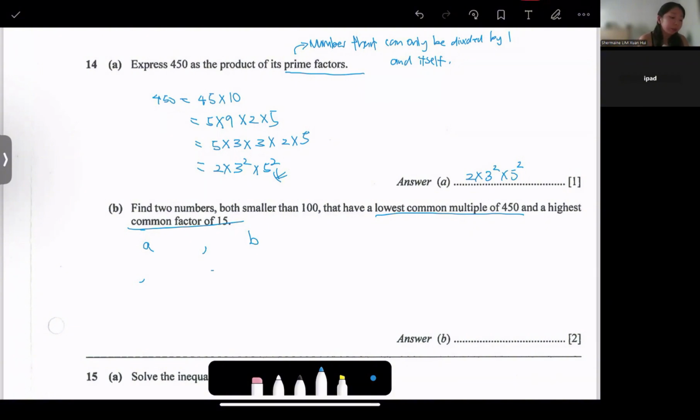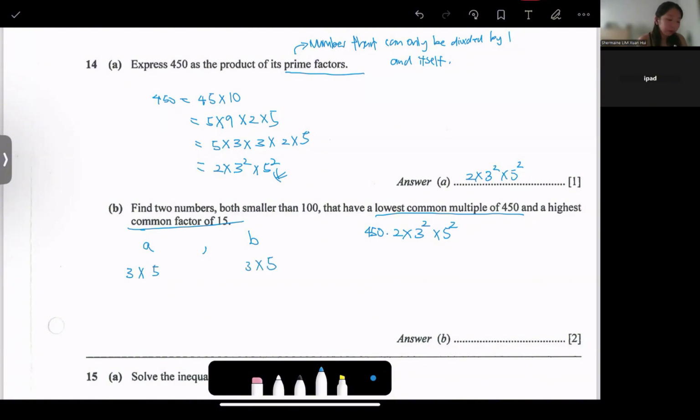So a lowest common multiple of 150, if you recall from the part above, we have this common factor of 15 just tells us that each of these numbers has 3 times 5 inside. Okay?